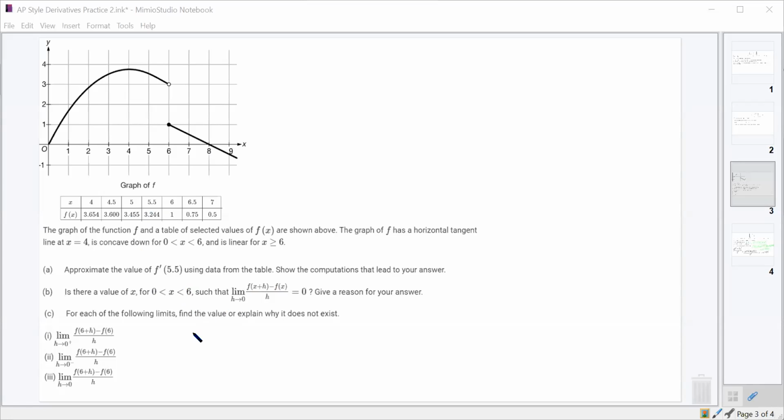We certainly cannot use any point that's at 6 or above 6, right? Because that's where our function changes, and at 6 we don't have a value here. So we could use the interval from 5 to 5.5. That would work, right? Alternatively, what other intervals could we potentially use?